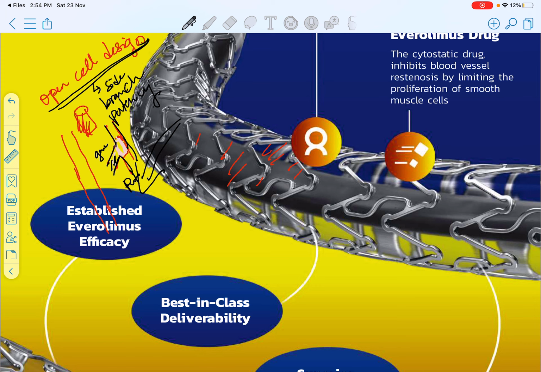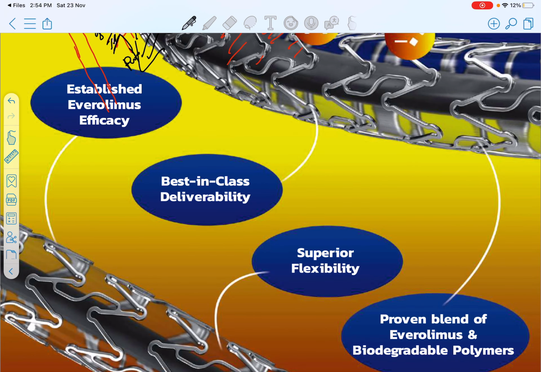Next, we go to the acute performance of a stent. This acute performance of the stent means, acute means short term, which means during the procedure, how is the performance of the stent?